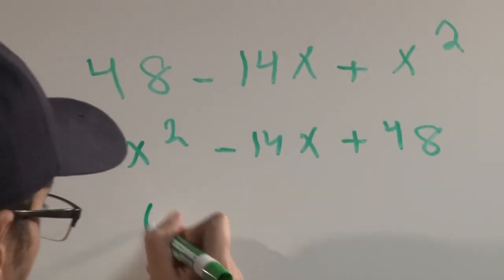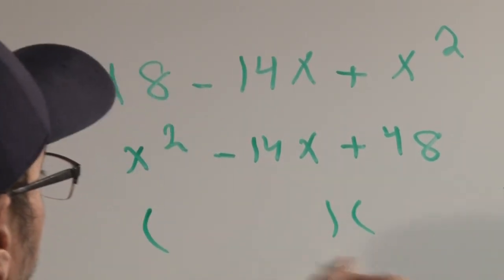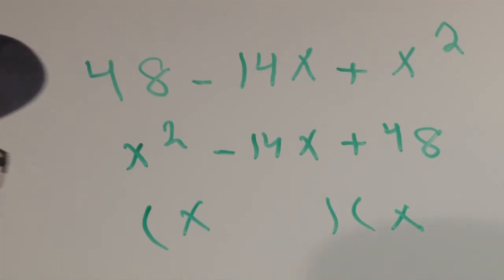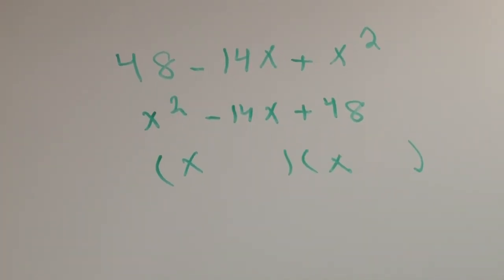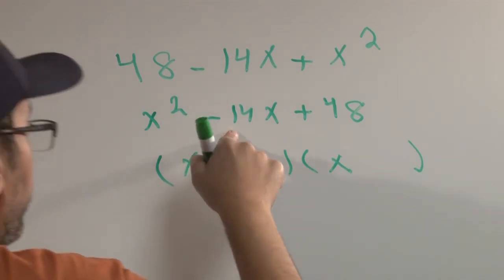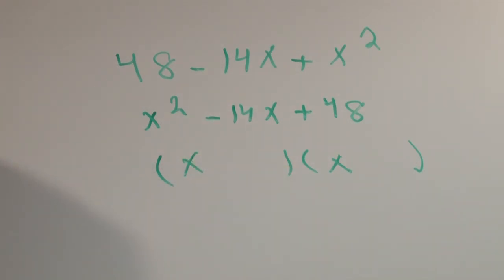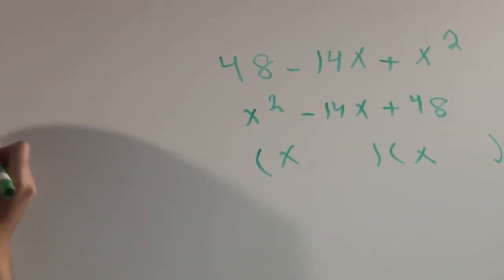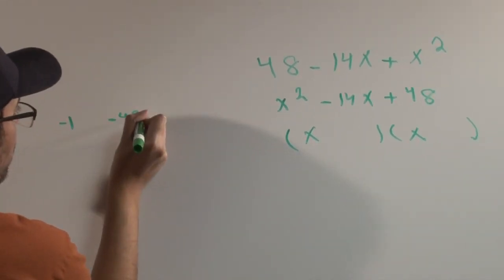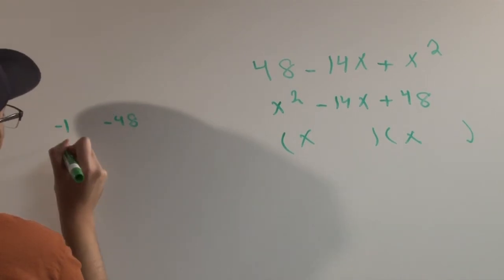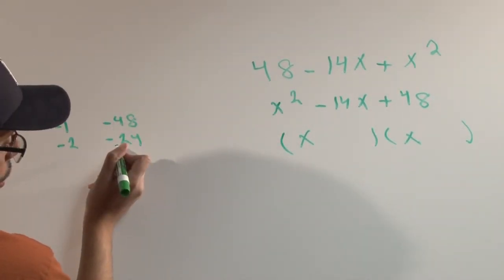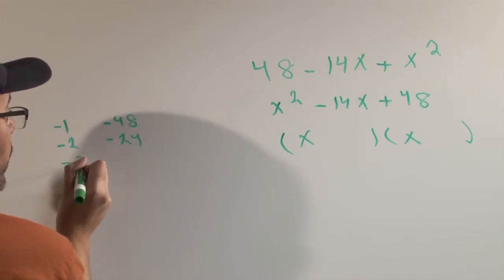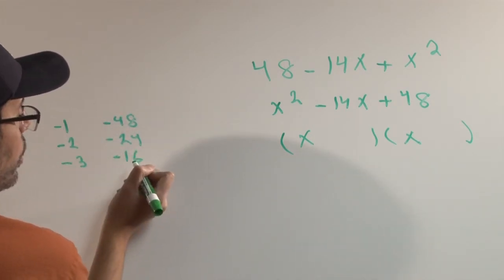x squared, that's the two parentheses, x and x. 48, I need to factor 48 into two negative numbers whose sum is negative 14. So let's say negative 1 and negative 48. Negative 49, nope. Negative 2, negative 24. That's negative 26, nope. Negative 3, negative 16.